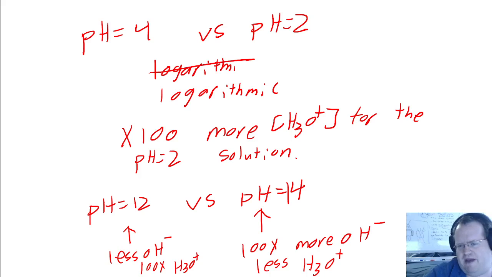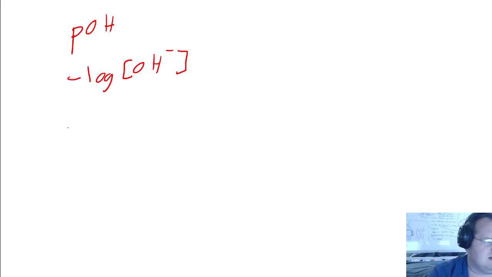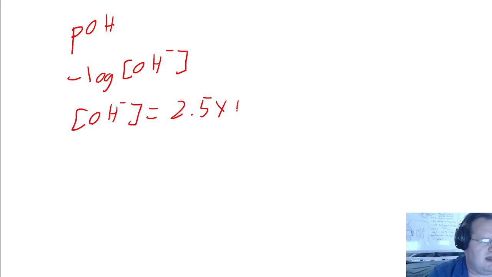I mentioned pH. We have some other scales using this P terminology. We won't use them as much, but you can also say pOH. That means the negative log of the OH- concentration. So, for example, let's say OH- equals 2.5 times 10 to the -3 molar.